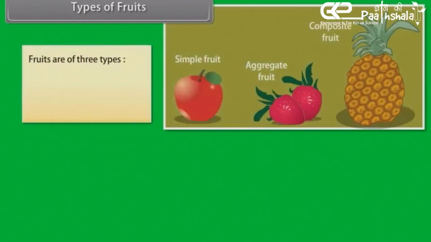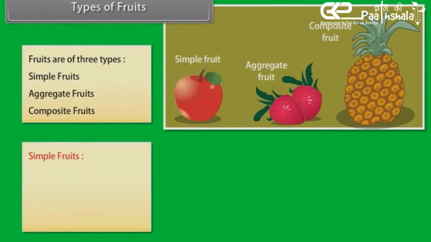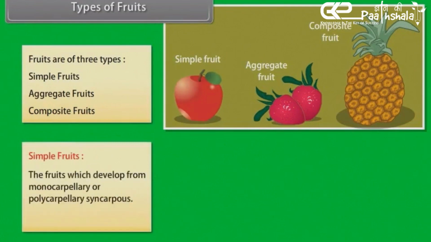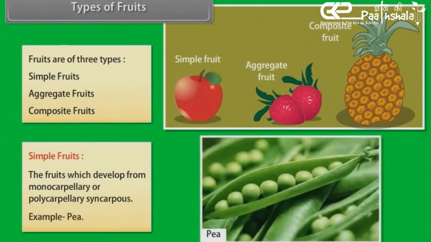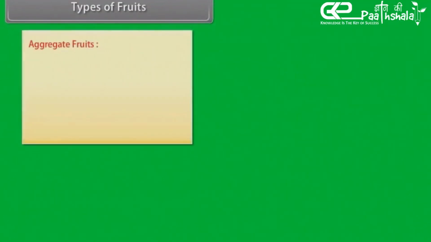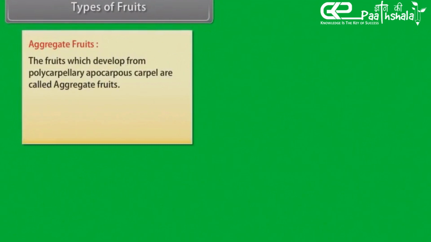Types of fruits. Fruits are of three types: simple fruits, aggregate fruits, composite fruits. Simple fruits. The fruits which develop from monocarpellary or polycarpellary syncarpous ovaries. Aggregate fruits. The fruits which develop from polycarpellary apocarpous carpel are called aggregate fruits.